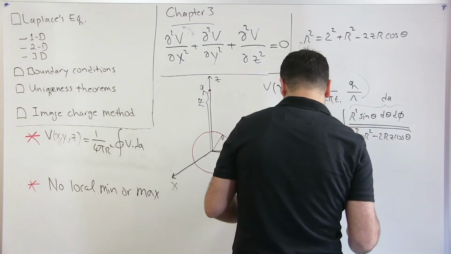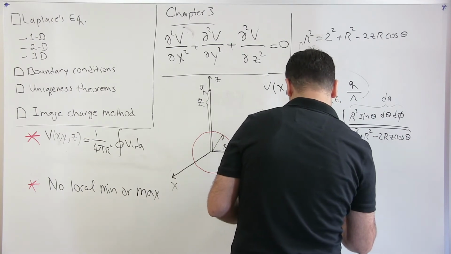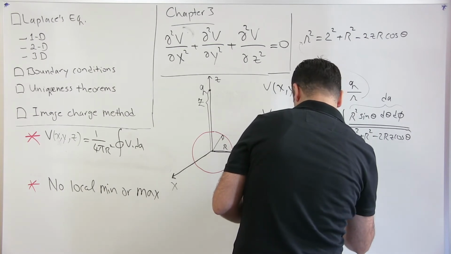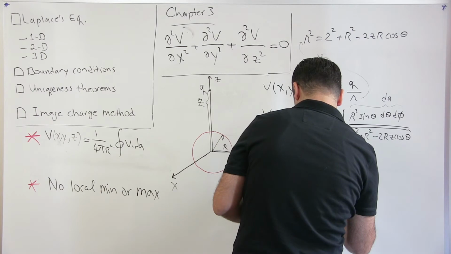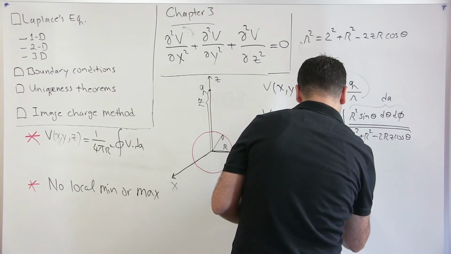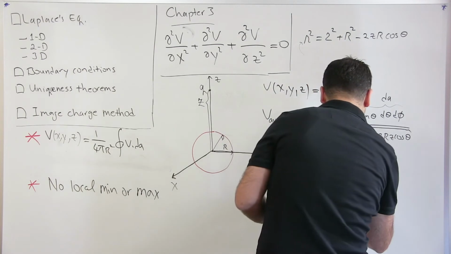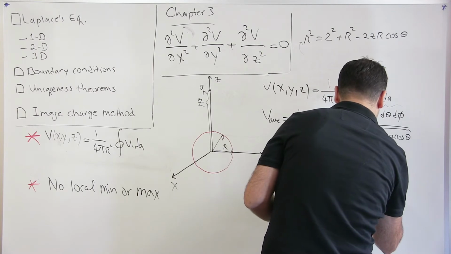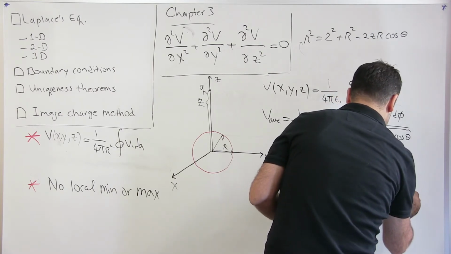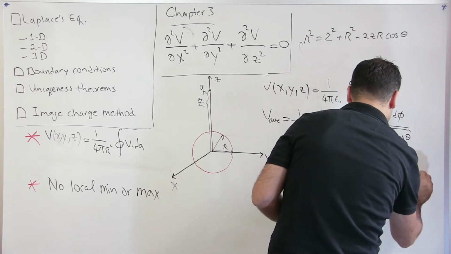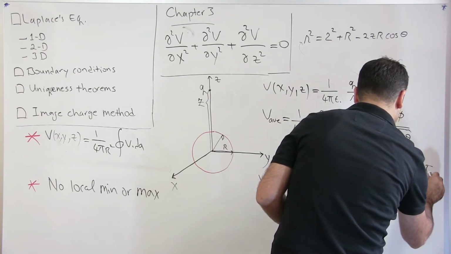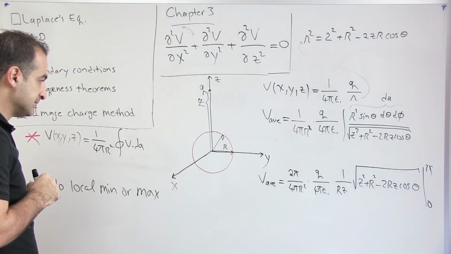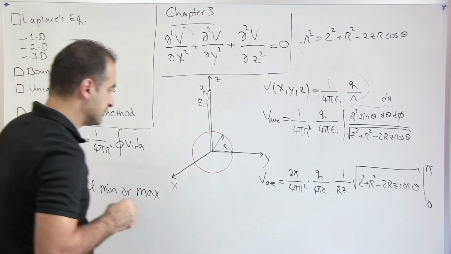And the rest is the integral on theta, which is 1 over rz, square root of z squared plus r squared minus 2rz cos theta, and theta runs from 0 to pi.